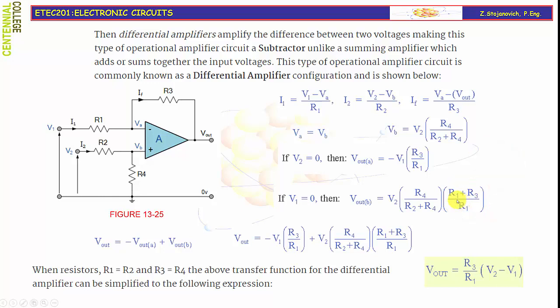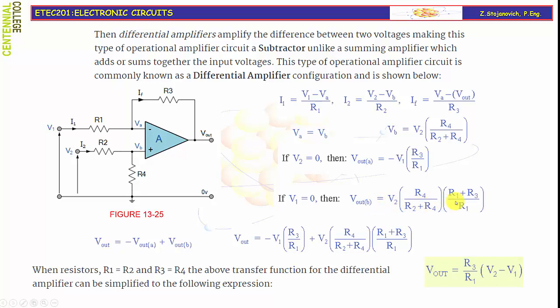The non-inverting amplifier amplifies the input on the non-inverting terminal, but this is not V2. The actual voltage VB that exists at the non-inverting input is given with the voltage divider R4, R2, so VB is given with this expression. The overall contribution of the second voltage to the output will be input VB times gain of the non-inverting amplifier.